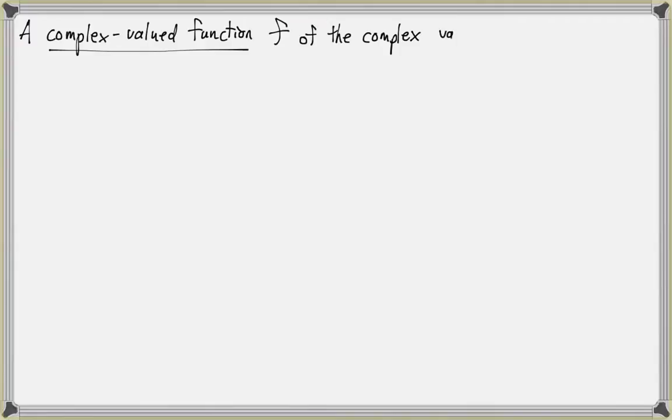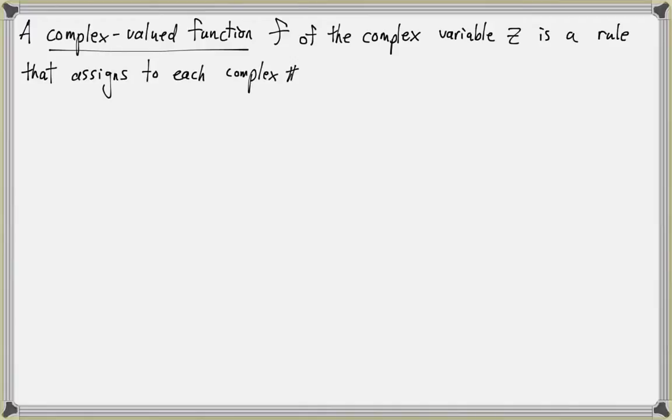So a complex valued function f of the complex variable z is a rule that assigns to each complex number z in a set S exactly one complex number w.